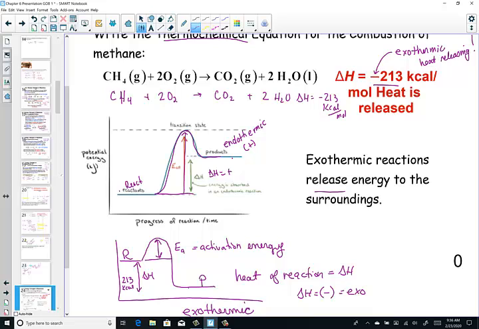Drawing the energy diagram for methane is this requirement. Methane released 213 kcals of energy.